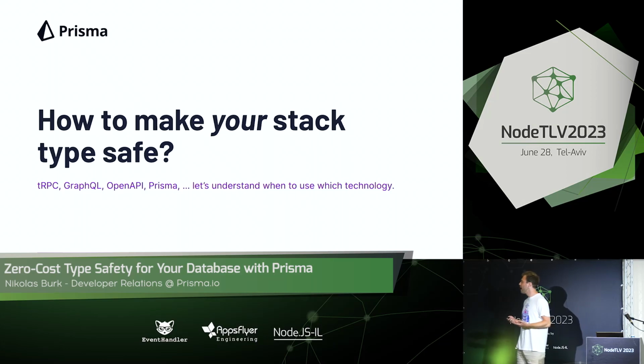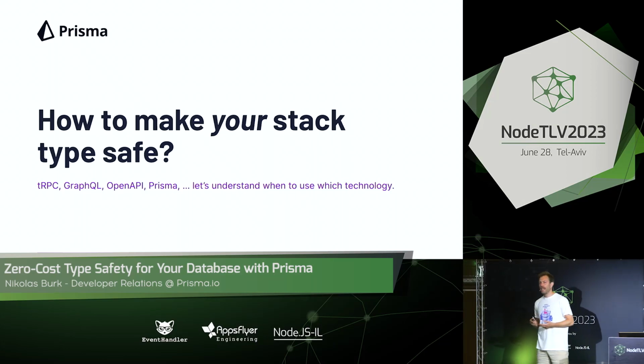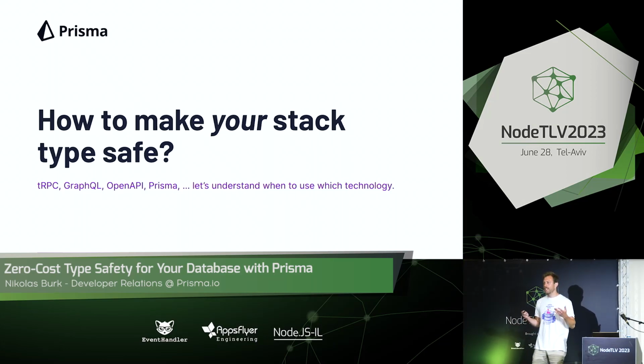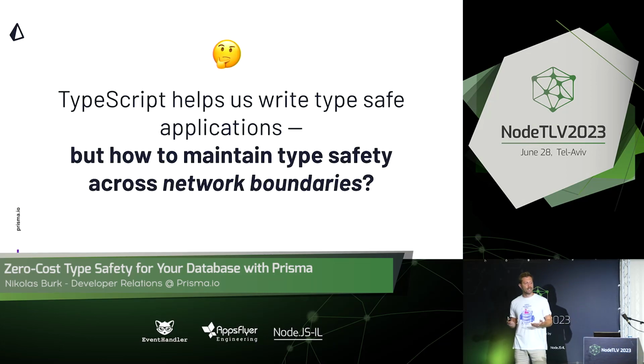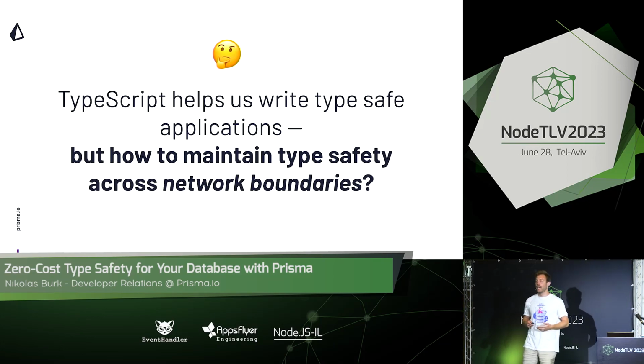And if we think about how we're building applications, then we typically build applications in this model where we have different kinds of applications, a client application, a server application that we deploy separately. Maybe we have microservices. So how do we maintain the type safety across network boundaries in our application?